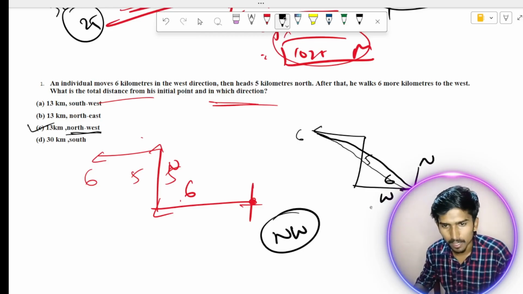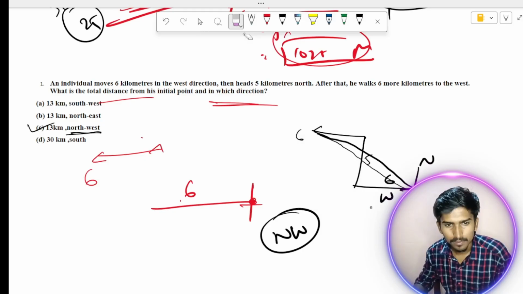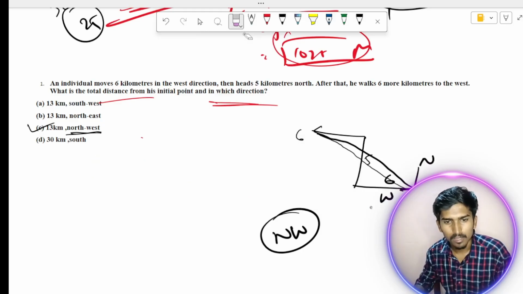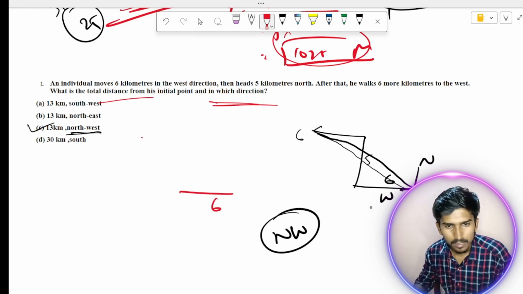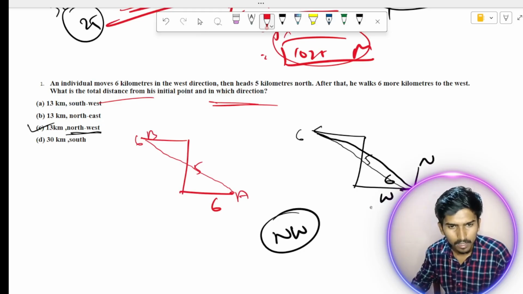Find the distance. How can you find the distance? 6, 5, 6, from here to here they're asking. We extend this line and make this one a rectangle.